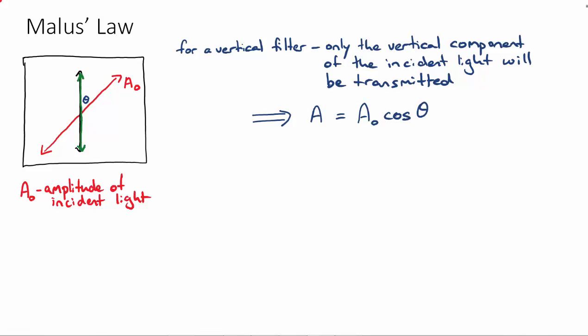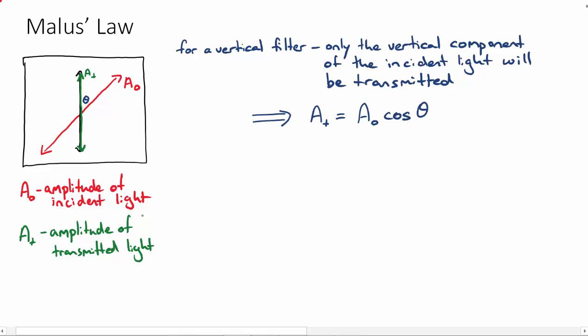And of course here we're talking about the transmitted light being equal to the incident light, A0, times the cos of the angle between the polarizing filter and that incident light. And I've just added that information there, that the AT is the amplitude of the transmitted light.